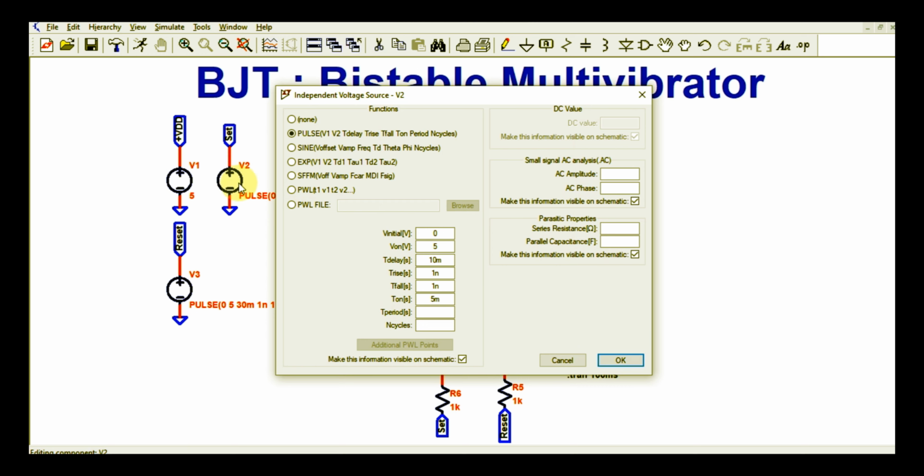For the set, I have chosen pulse here. Initial voltage is 0, on voltage is 5 volt, and this will appear after a delay of 5 millisecond. Then rise time is 1 nanosecond, fall time is 1 nanosecond, and T on, that is the on period, is 5 millisecond.